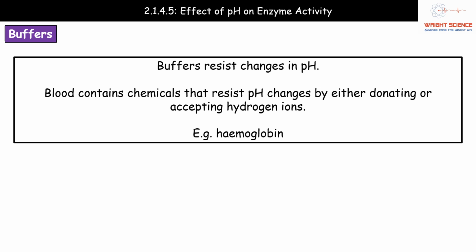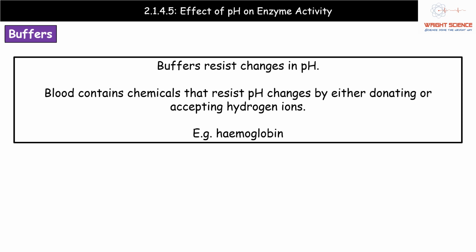One that you are going to look at through your A-level biology course is hemoglobin. Hemoglobin is found within our red blood cells, our erythrocytes, and this is able to act as a buffer. You're going to find out how a bit later on in the course. But because we've got this hemoglobin that can act as a buffer as part of the blood itself, that means we can have this resistance to pH changes in the blood.